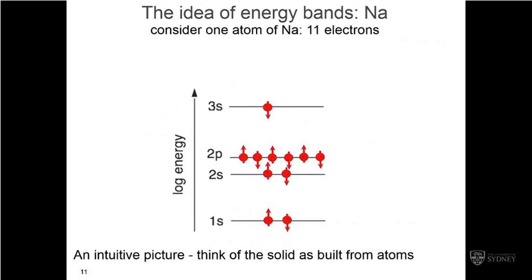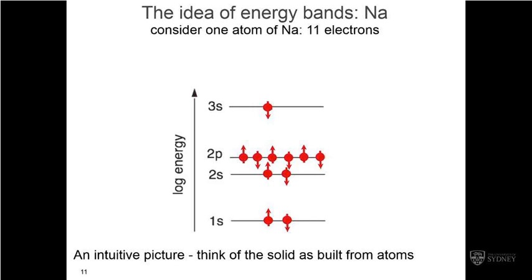So if you think of a sodium atom here, and we're plotting the log of energy of its electrons. Very close to the core you'll have the 1s electron level, which has some energy.